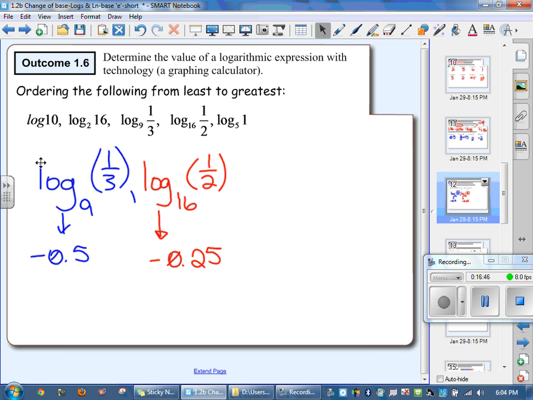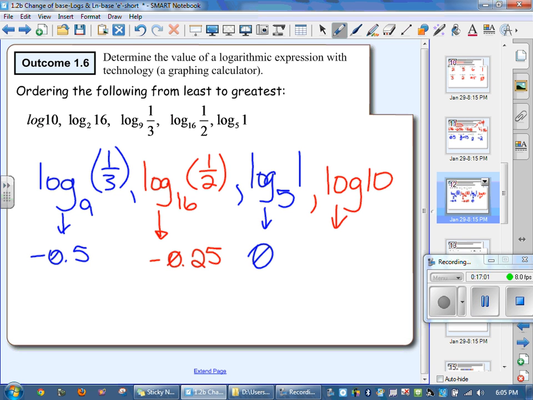That gives us 0. The next one in order least to greatest is log 10. Log 10 gives an answer of 1. And the very last one is the largest, and it is log base 2 of 16. That answer is 4. So this will be on the other side here. It is the largest. Okay.